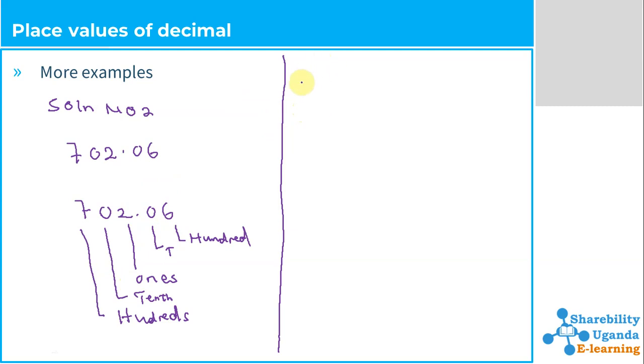Okay, so here we can write in words that could be 700 and 2. Okay, we have to write in words and 2. Or you can say 700 02.